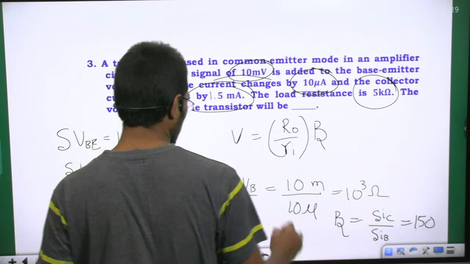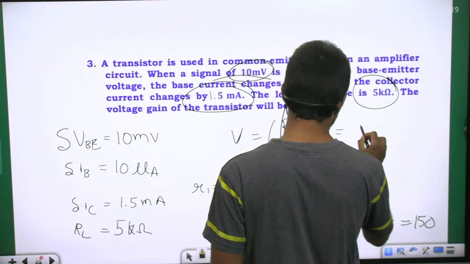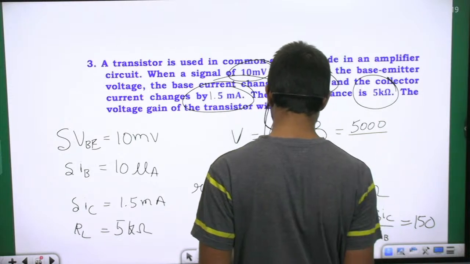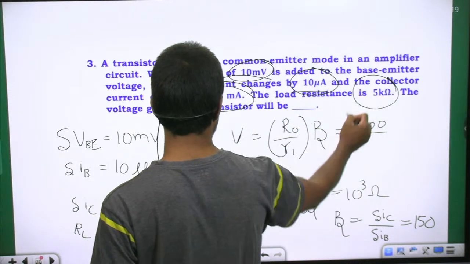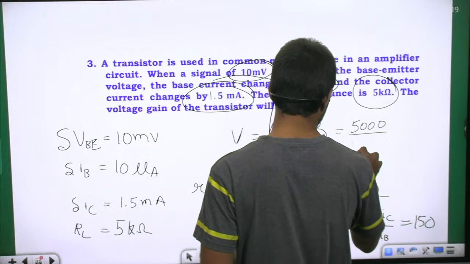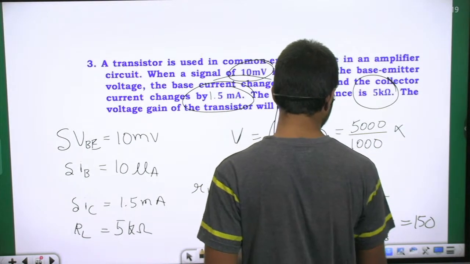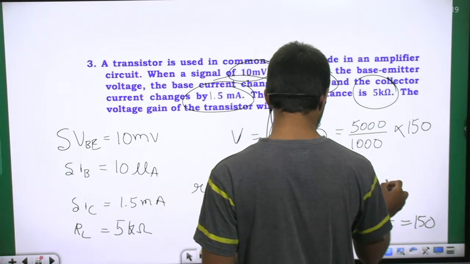So substitute here. You get 5000 by R0. What is this R0? Load, 5 kilo ohms. Ri 1000 into beta 150. You get 750.